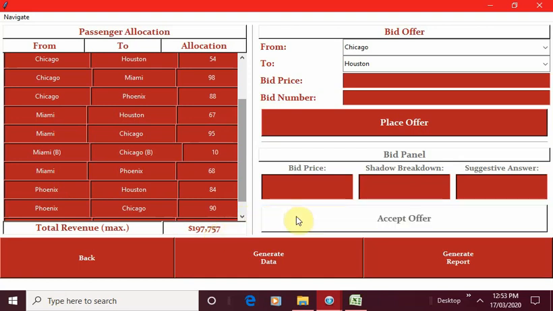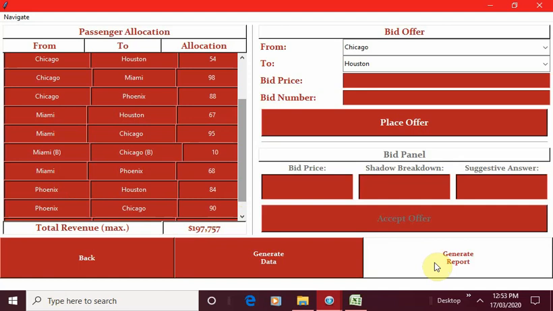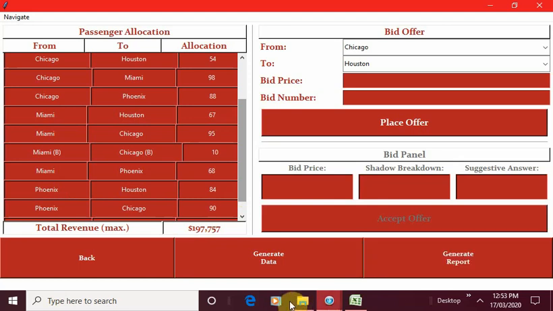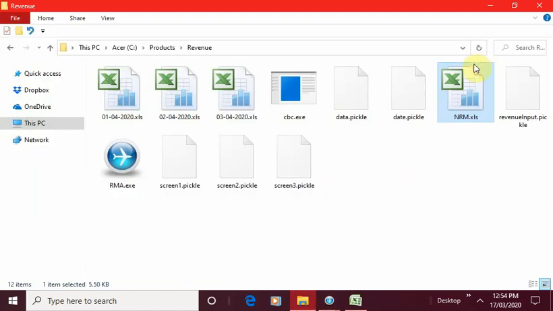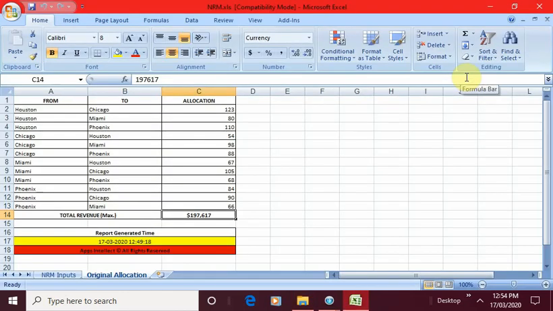And now that we have accepted the offer, we'll generate a report. Let's click on generate report and go back to the same folder. Here it would be overwritten on the previous report we had seen, which was the original allocation.